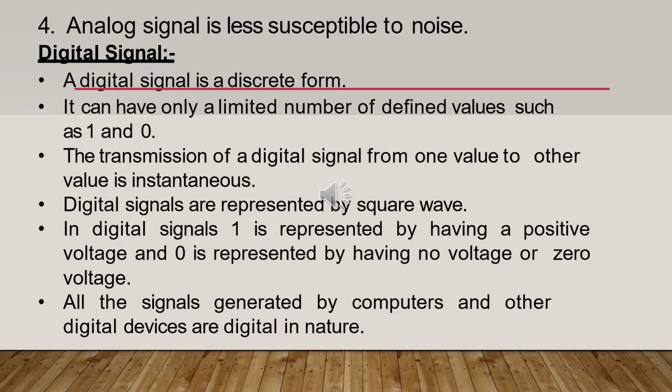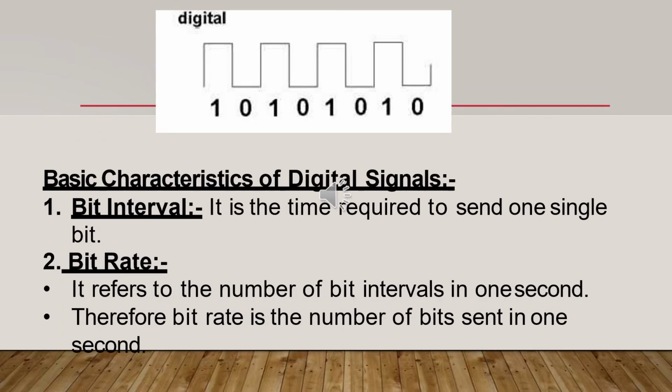All the signals generated by computers and other digital devices are treated as digital in nature. That's all. Let us have a look at how digital signals can be represented on a graph. So this is how digital signals are represented. We have 1, 0, 1, 0, 1, 0, 1, 0, right?